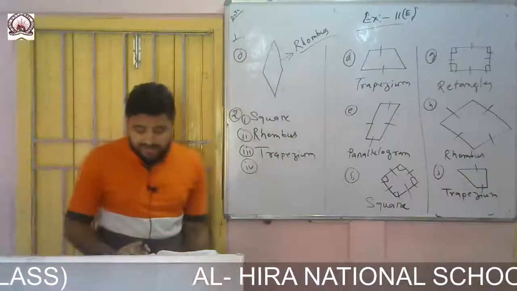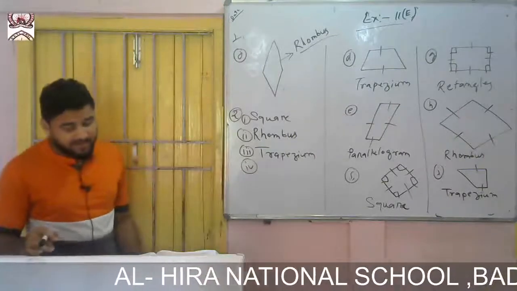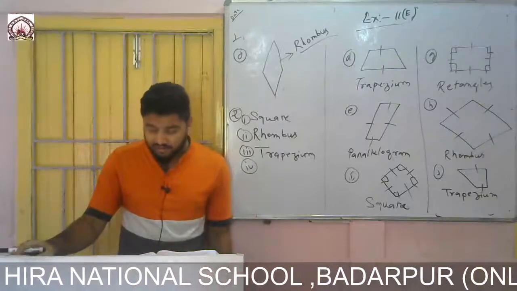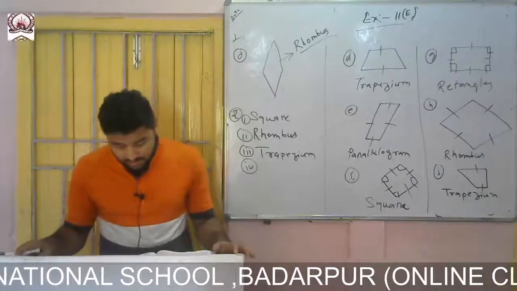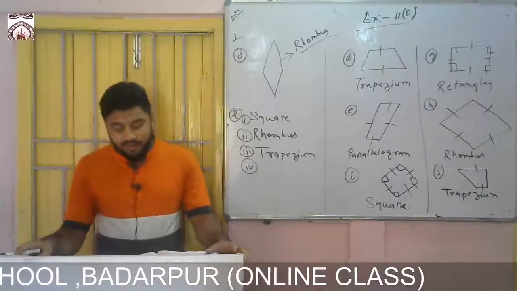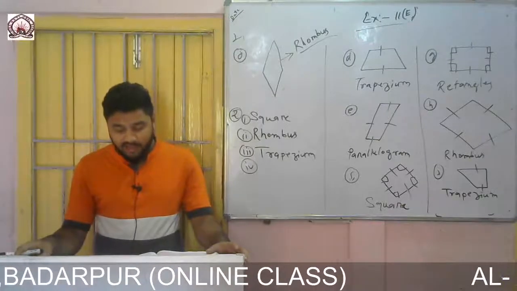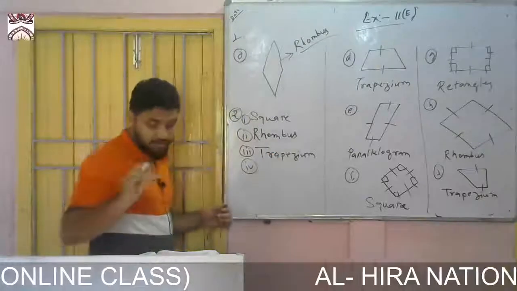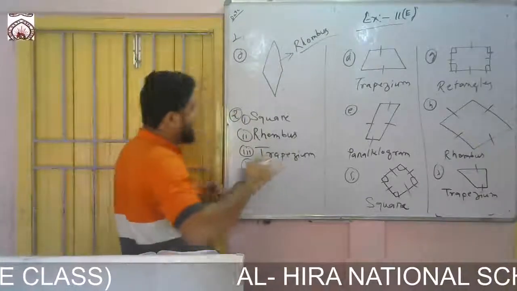So number 4, what is there? The diagonals of this quadrilateral are equal but not perpendicular. What are diagonals? Let me draw.